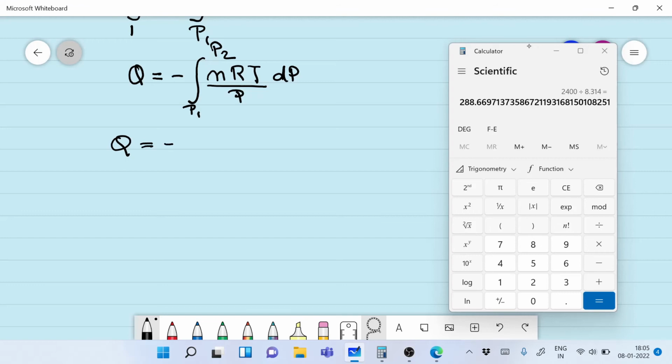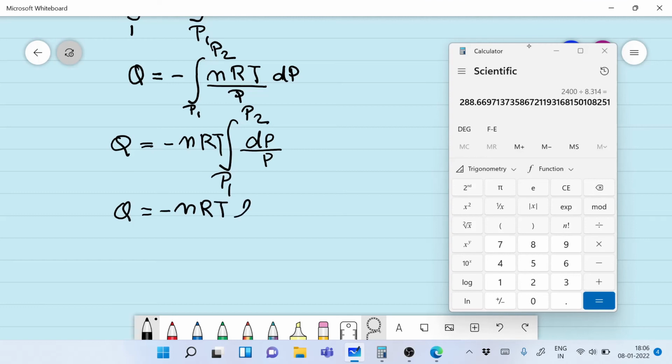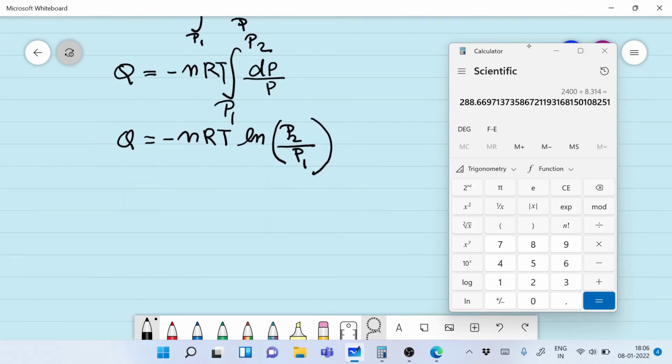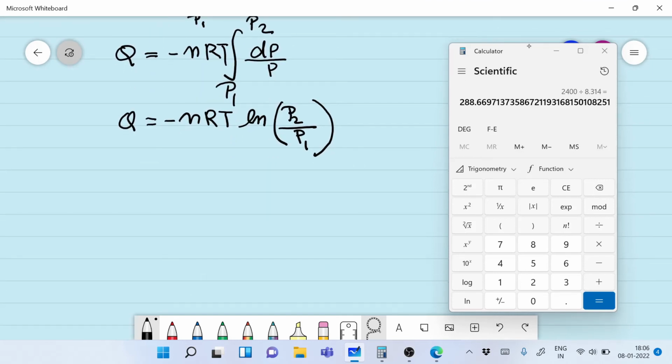Therefore, Q is going to be minus nR integral dP over P. T should also be out, P1 to P2. Or we get Q is equal to minus n into R into T log natural P2 by P1, after integrating this quantity. So this is going to be the heat given to the process.